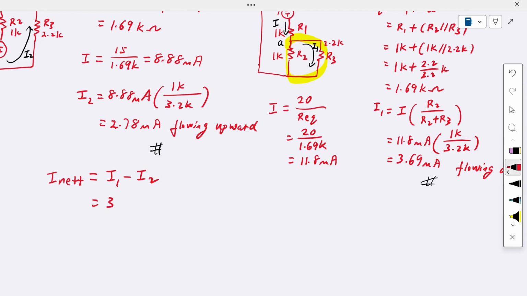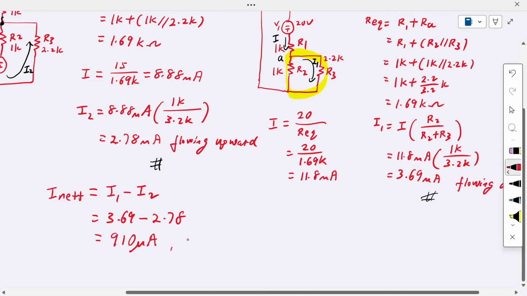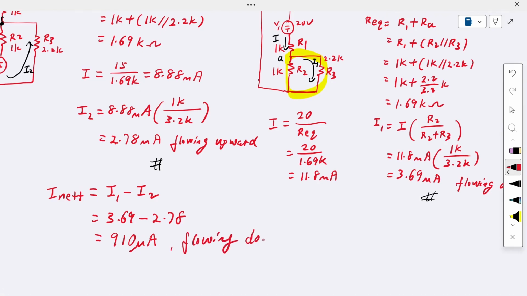So I1 is 3.69 minus 2.78. You get the net current of 910 microampere. This net current is flowing downward.